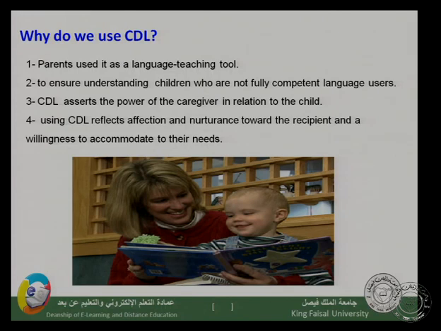The recipient here can either be a young child or a very old man. So this shows that I am willing to accustom my language to the language of the young child or the old man.